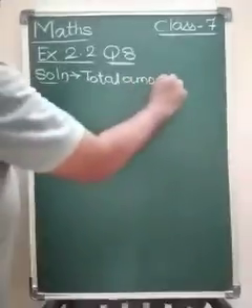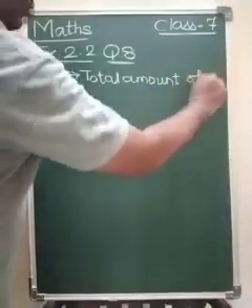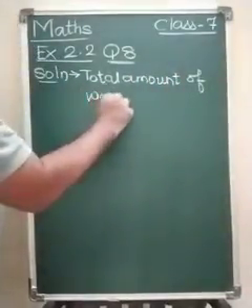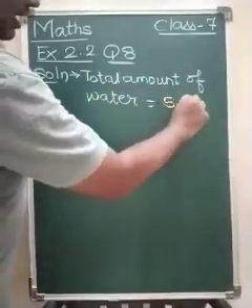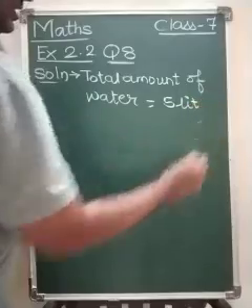So we will write down the solution. And first we will write down the information. Word problem is there, so information should be written down first. Total amount of water equals 5 liters.